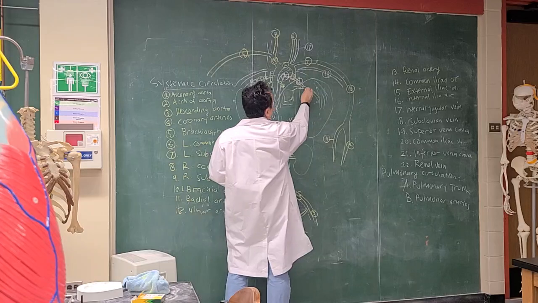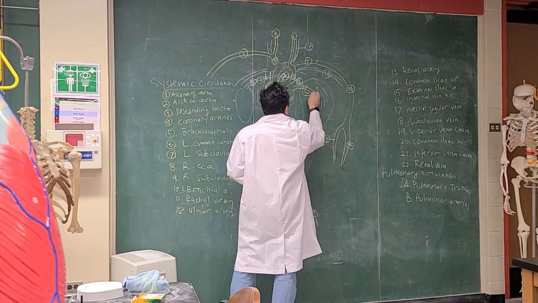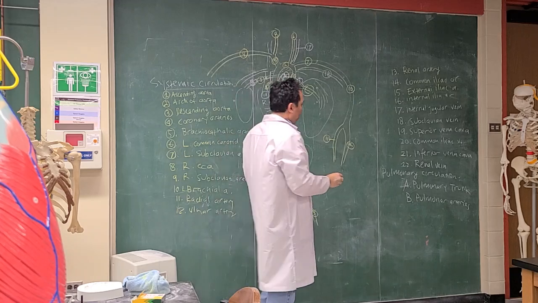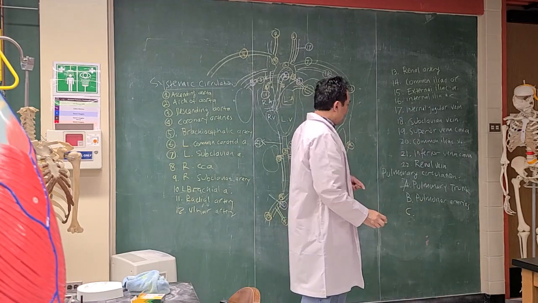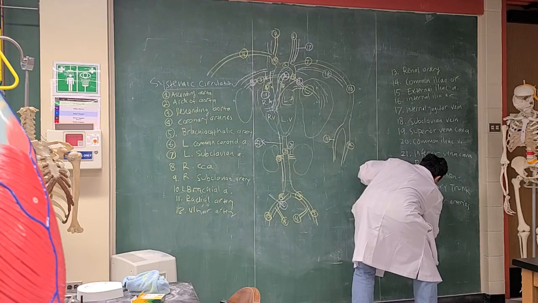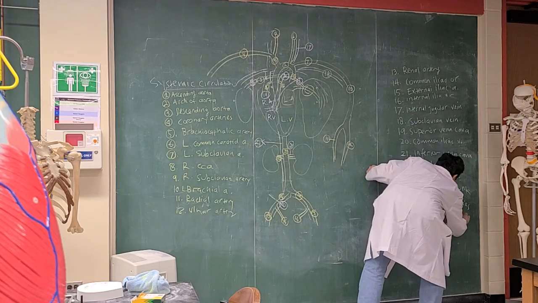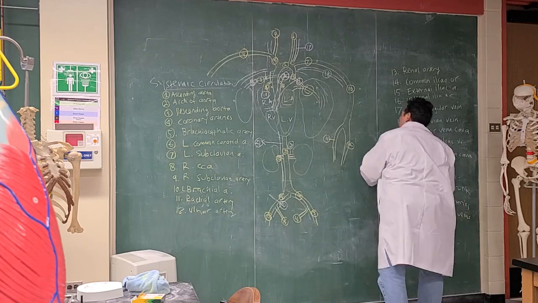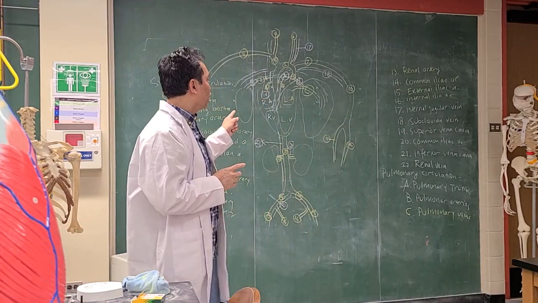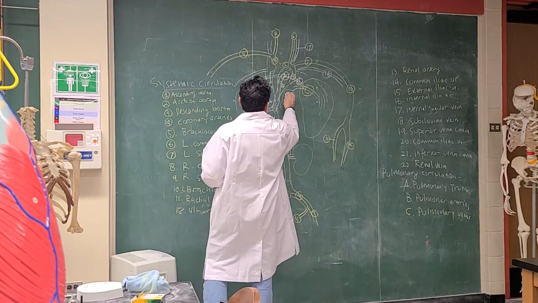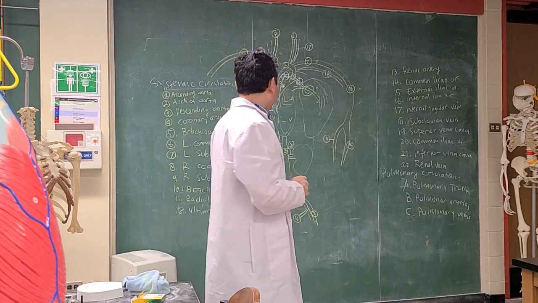So this is going to be letter C, which is red in color. This is going to be pulmonary veins, and there are actually 4 of them: 2 from the left lung, 2 from the right lung. All of them will enter into the left atrium.